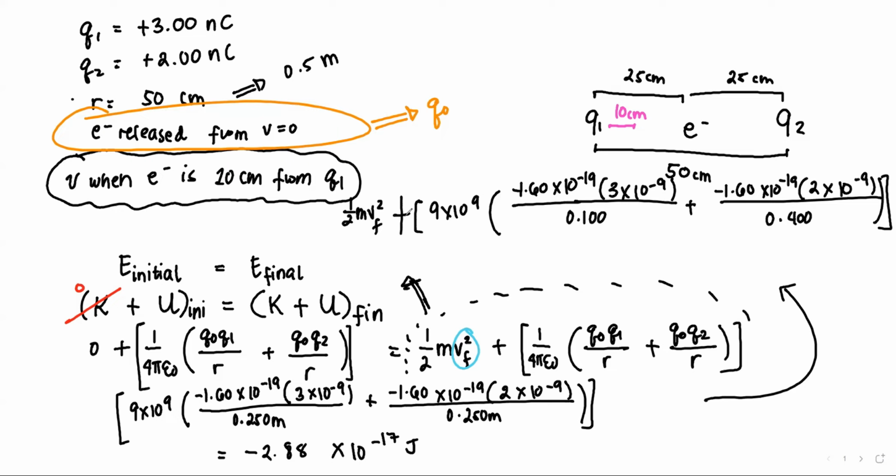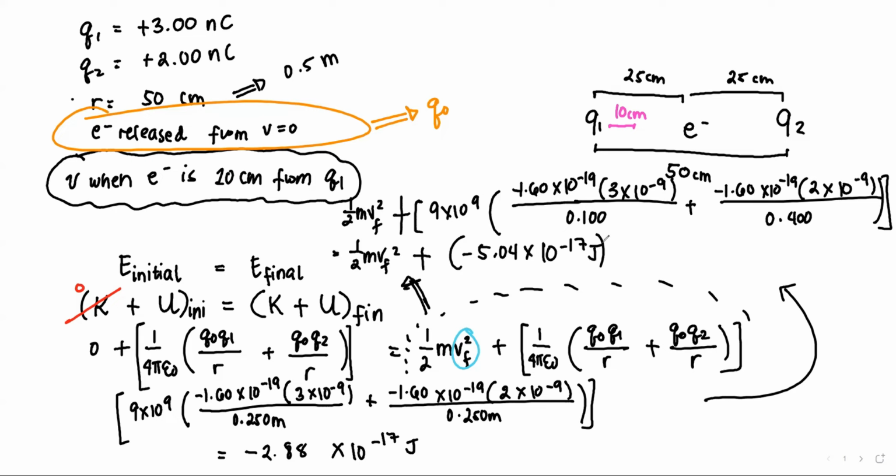All right, so retaining our 1/2 mvf squared, we'll get 1/2 mvf squared plus your negative 5.04 times 10 raised to negative 17. Right, there you go. Yeah, joules, of course, J.